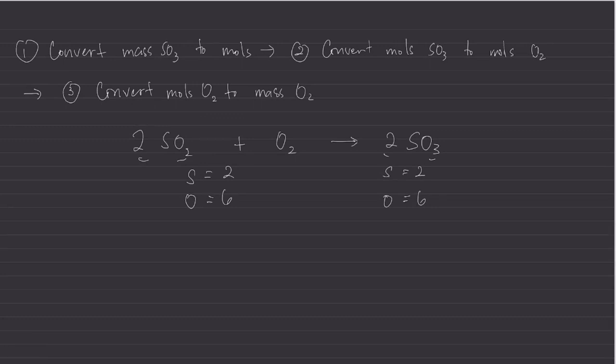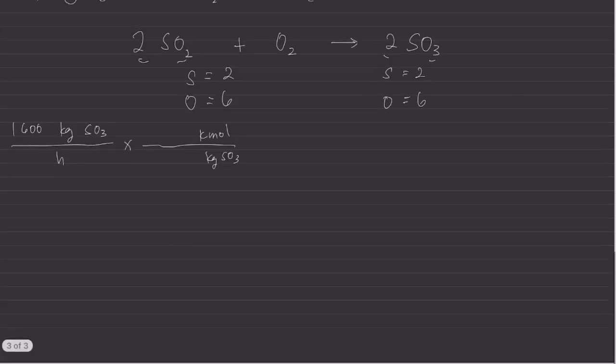And then, we carry out our calculation. So, meron tayong 1,600 kilograms SO3 per hour times yung molecular weight ng SO3, which is, ilagay lang muna natin as blank for now. Anyway, let's just calculate.